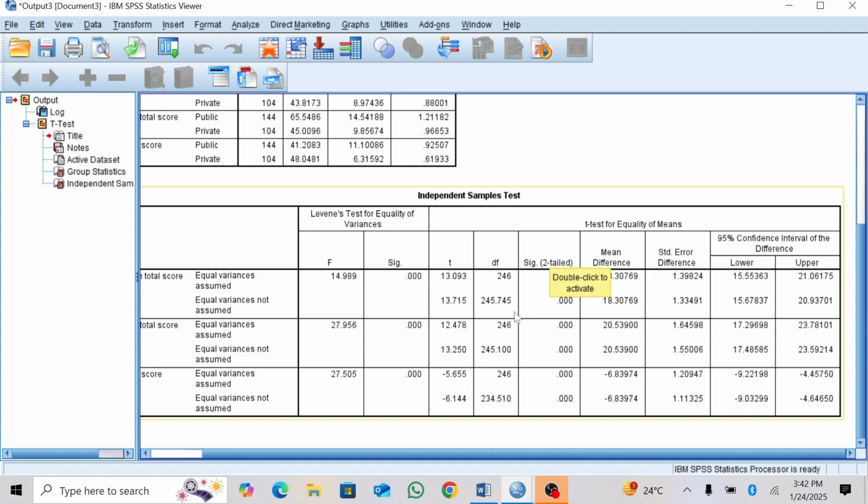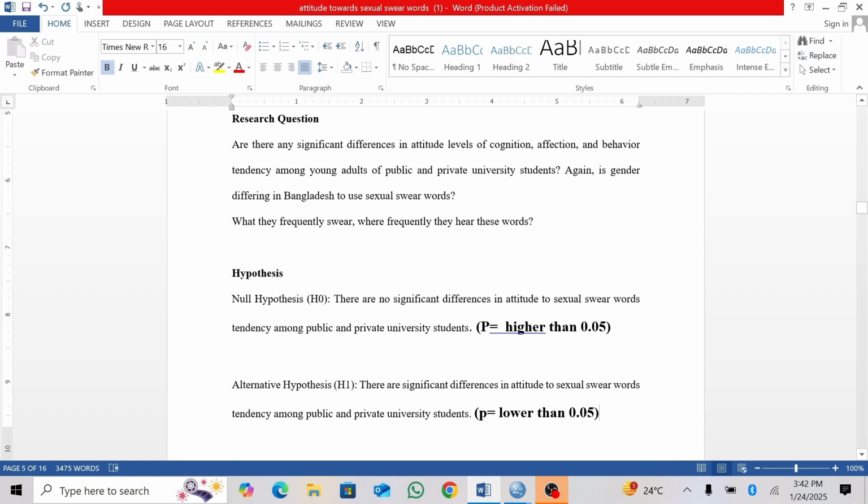So it is the significance level 0.000. That means, as I described here, when our p value is lower than 0.05, then our alternative hypothesis is accepted. That means in this research there are noticeable significant differences.